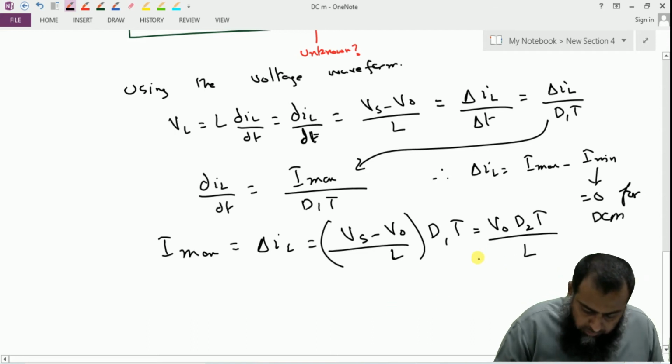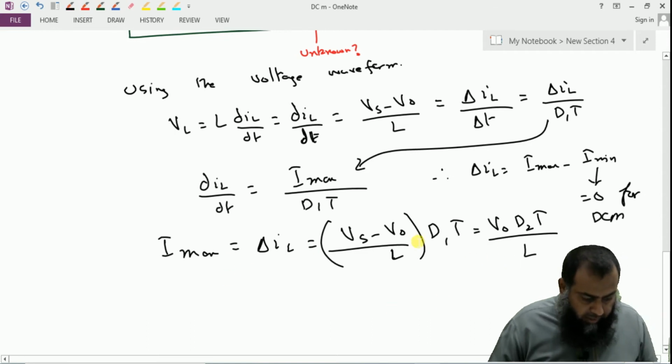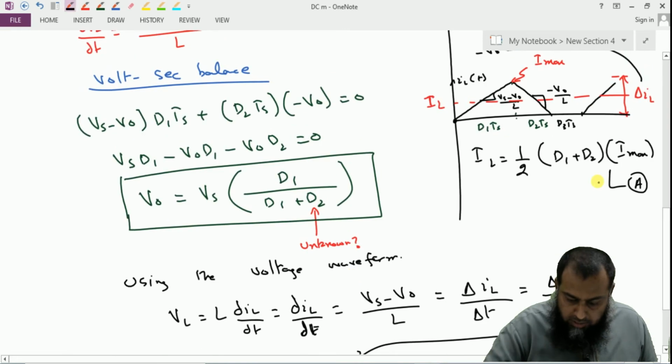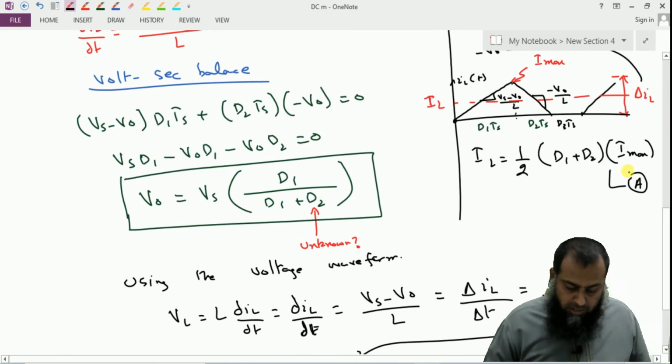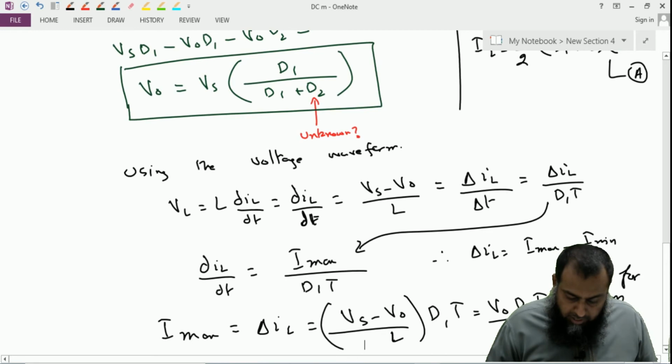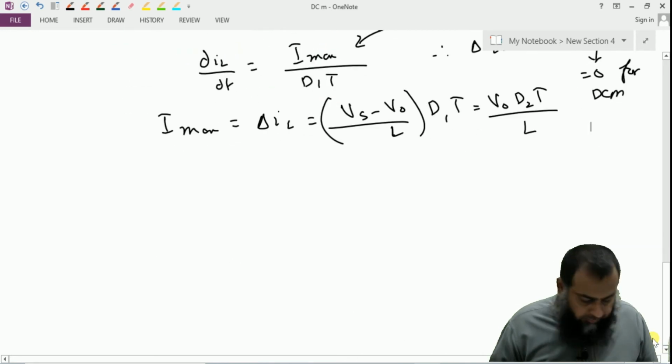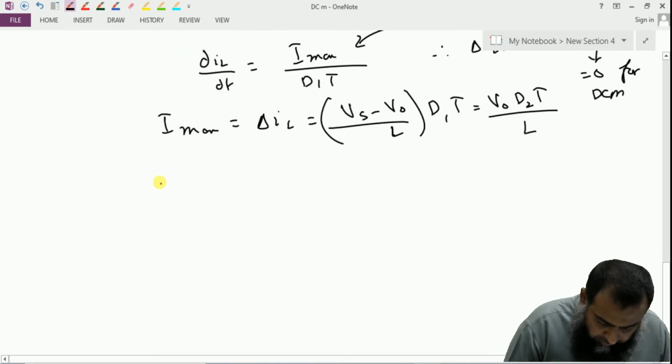If I plug in this value of I maximum in equation A, then we can find the expression.